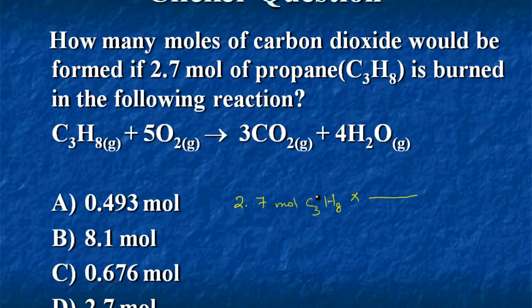The mole ratio between carbon dioxide and propane, because those are the two things we are asked about in the problem, right? So we are looking for carbon dioxide, therefore we will write that quantity on the top, 3 moles of carbon dioxide over 1 mole of C3H8. So what do we get? 8.1 mole.